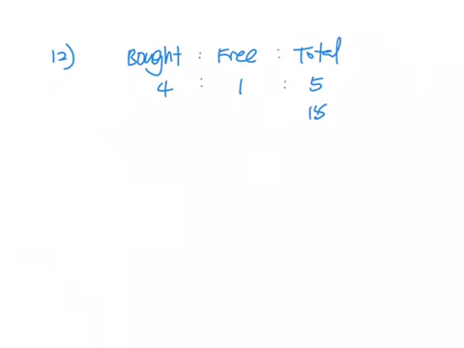Question 12. Customers who bought 4 would get 1 free, right? And it's 5 total. So it's 4 is to 1 is to 5. Mingfen bought a total of 15 cupcakes. That means 5 times 3.